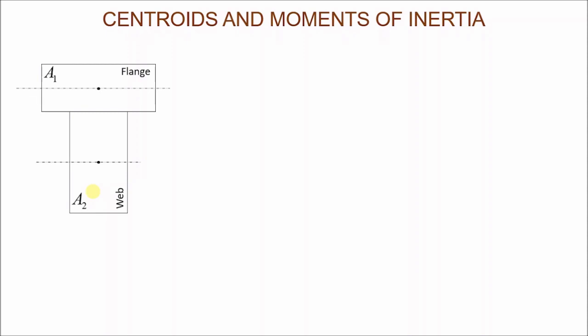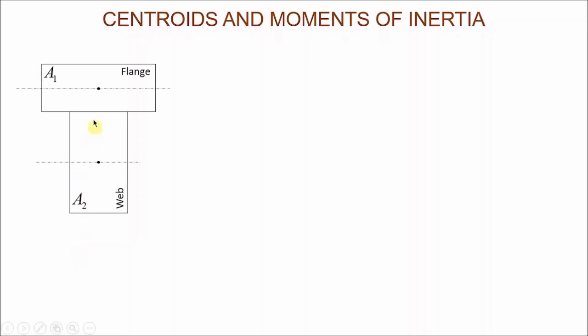So what is it that we refer to as an axis of symmetry? An axis of symmetry is that line that you can draw through the section in such a way that on either side of the line, the shape that you see is a mirror image of the shape on the other side of the line. Okay, so it's like that. On either side of the line, you have shapes that are mirror images of each other.